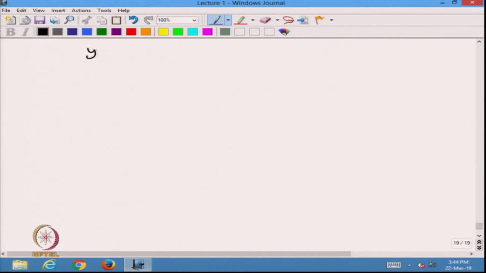Now my y dash can be written as u dash minus z dash over z square, since the derivative of 1 over z is minus z dash over z square.